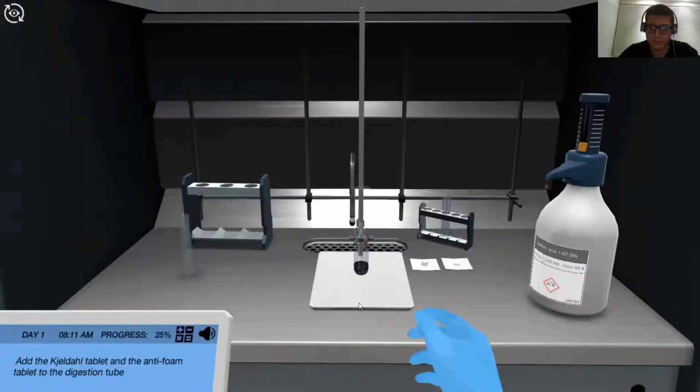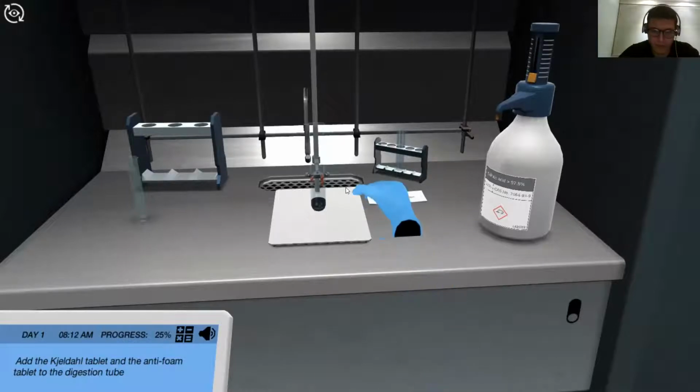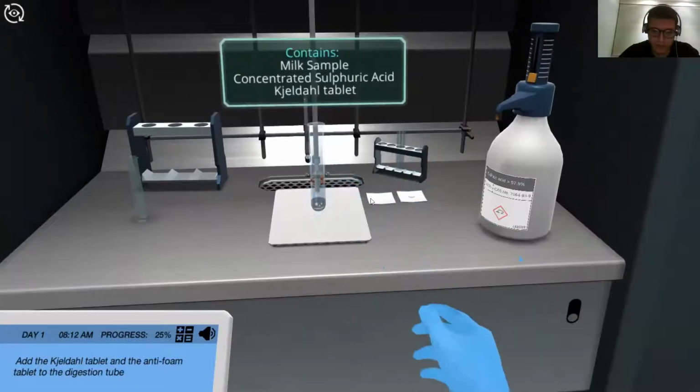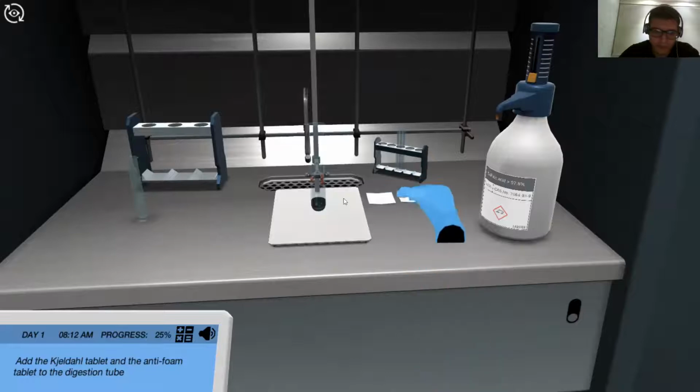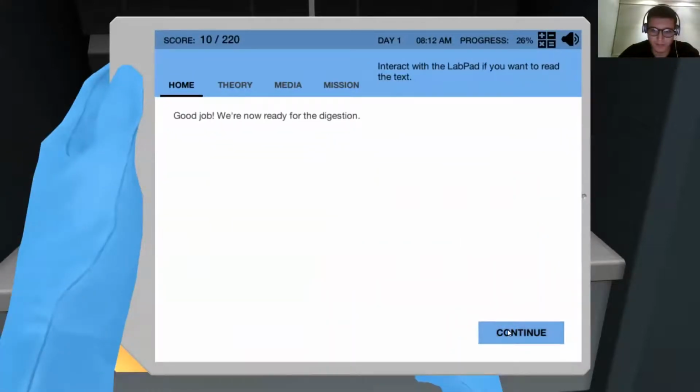Add the Kjeldahl tablet and the anti-foam tablet to the digestion tube. Good job. We're now ready for the digestion.